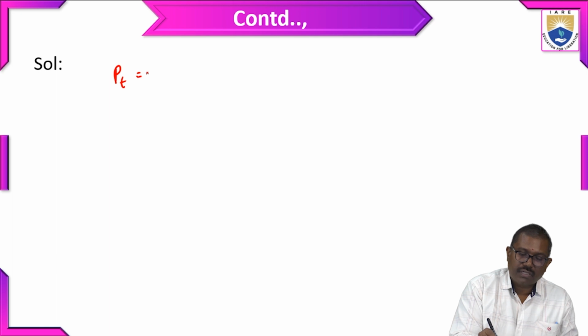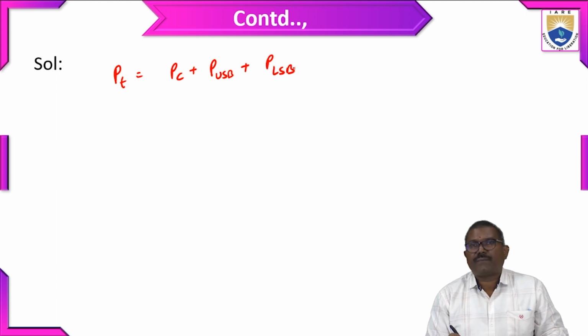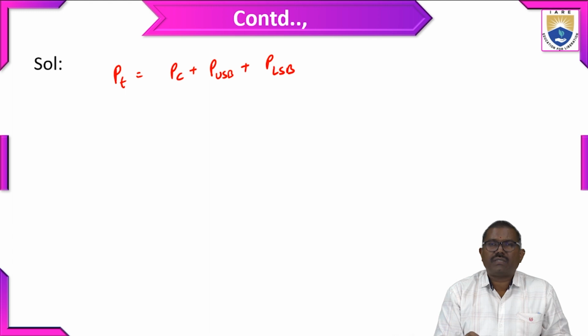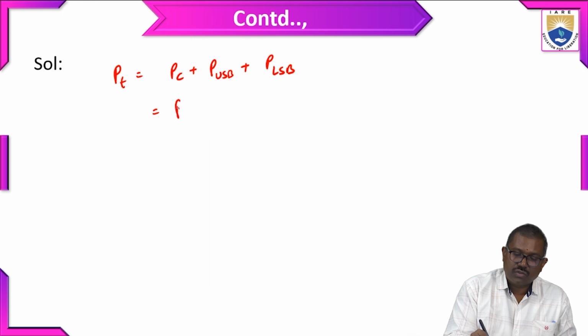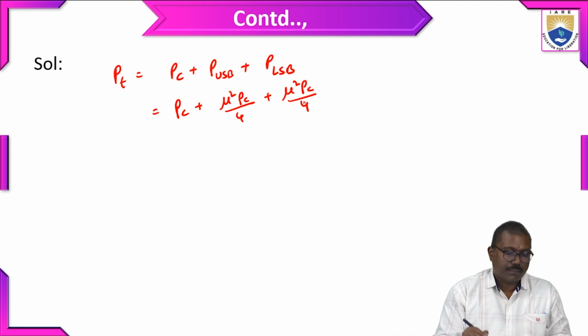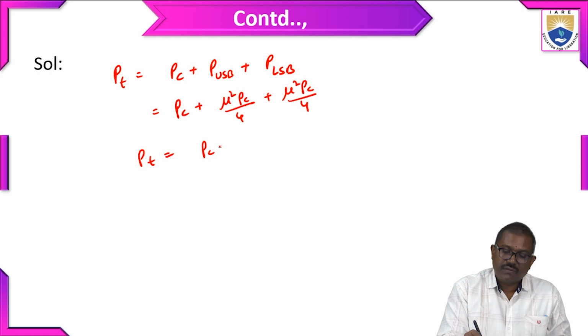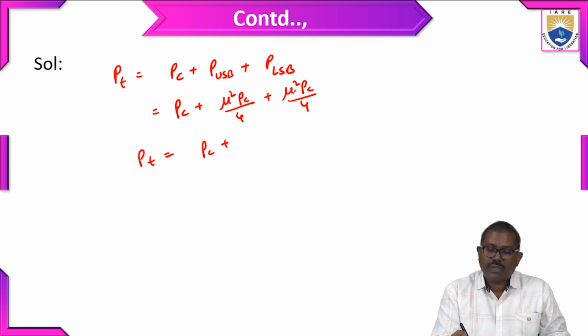So the total power is equal to PC plus P USB plus P LSB. Similar to the previous one. The total power is contributed by the carrier, upper sideband and lower sideband. So PC plus mu square PC by 4 plus mu square PC by 4. So PT is equal to PC plus mu square by 4 plus mu square by 4 gives 2 mu square by 4.